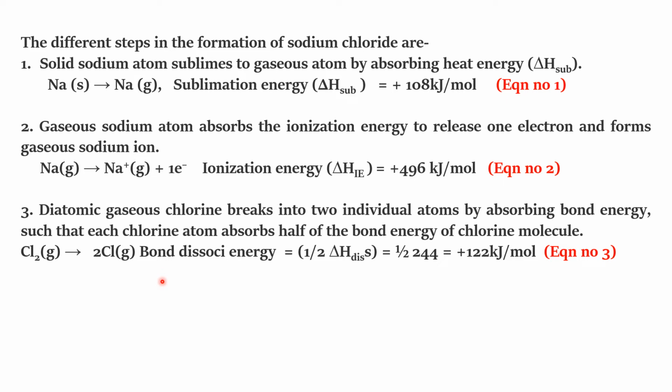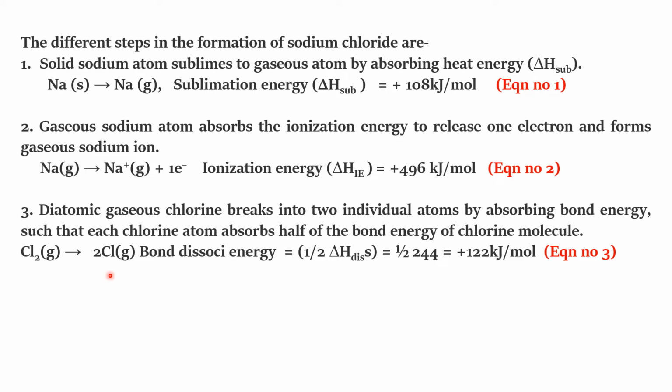To dissociate this particular bond, we have to supply energy. See here, when we consider the bond dissociation energy, we are taking only one chlorine atom. We are not taking two chlorine atoms, only one chlorine atom we are considering for the further steps.